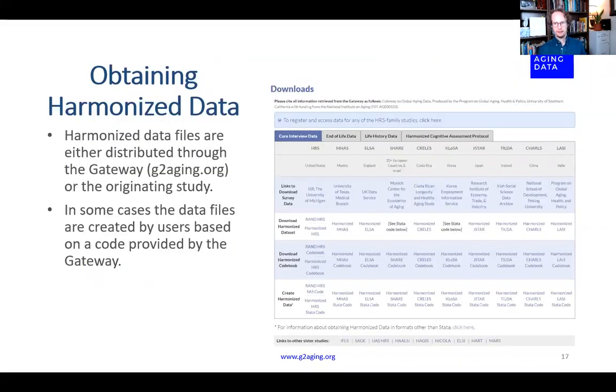All of these harmonized data sets you can download. They're distributed either through the Gateway or by the originating study. You can use that downloads page on the Gateway to find links to any of them. You can see in the case of SHARE and KLoSA, those two studies don't distribute the harmonized data sets themselves, but you can create it using the Stata code provided on the Gateway website.